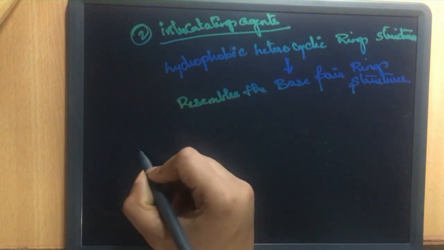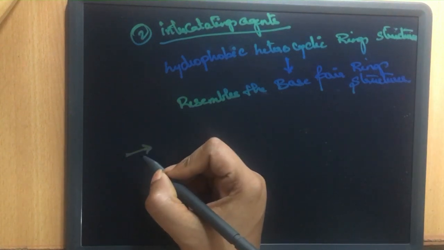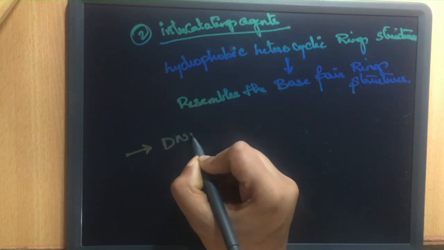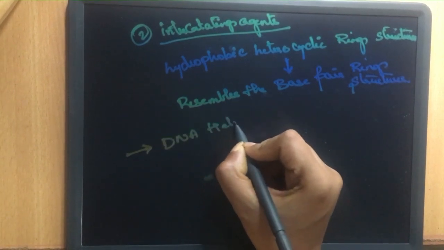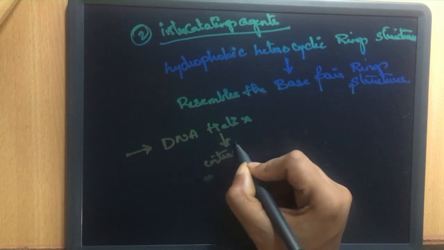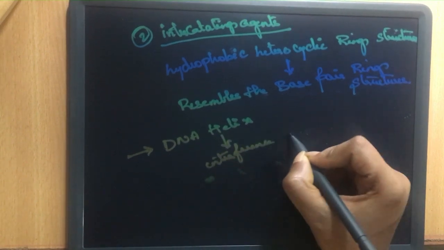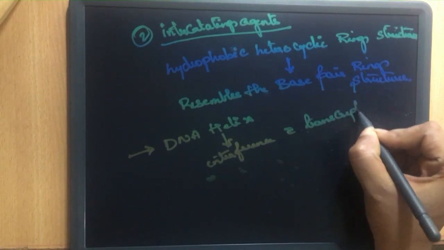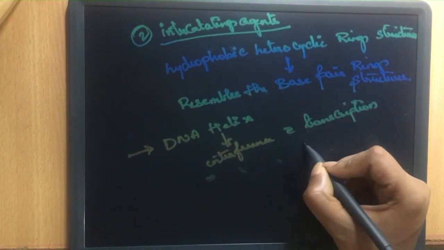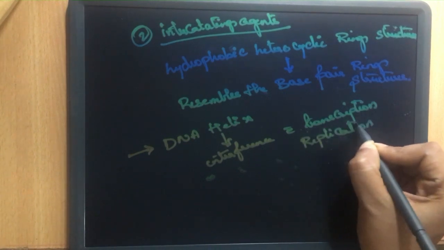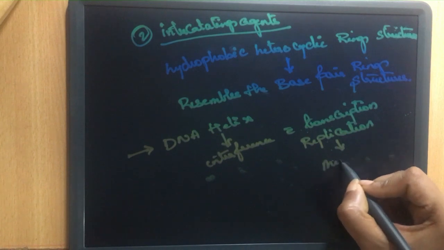These agents themselves get embedded in the DNA helix, causing interference with transcription and replication, and thus causing the mutation.